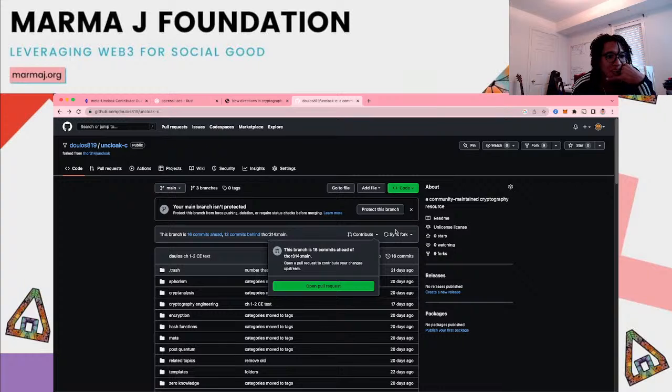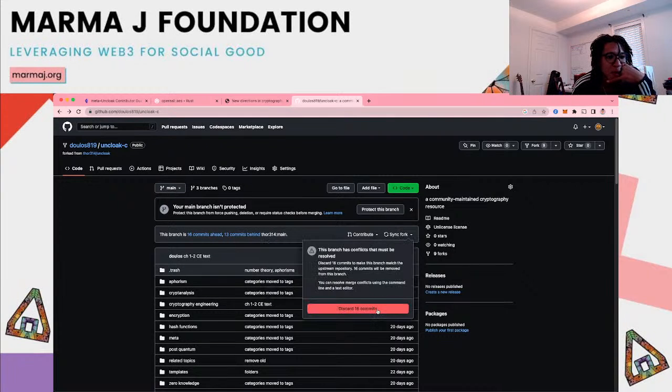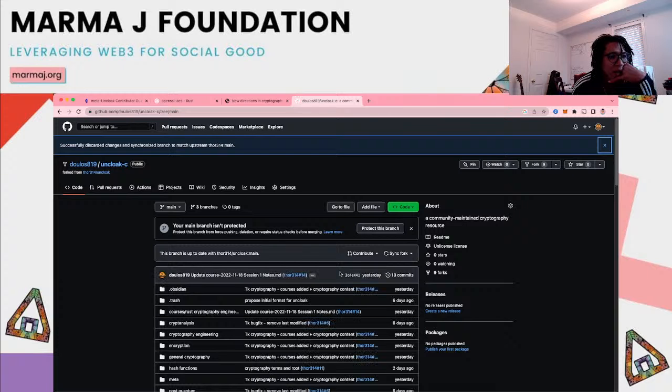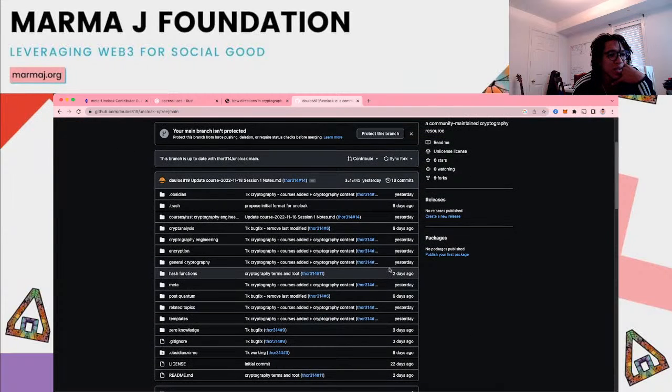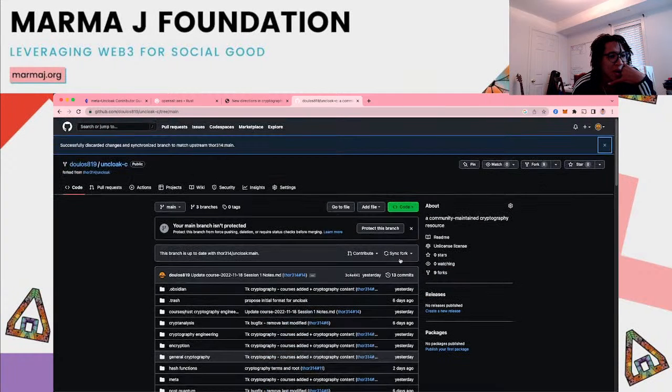So my branch is 16 commits ahead. Okay, perfect. My branch is up to date because I deleted all my stupid things. And then I can sync my fork.